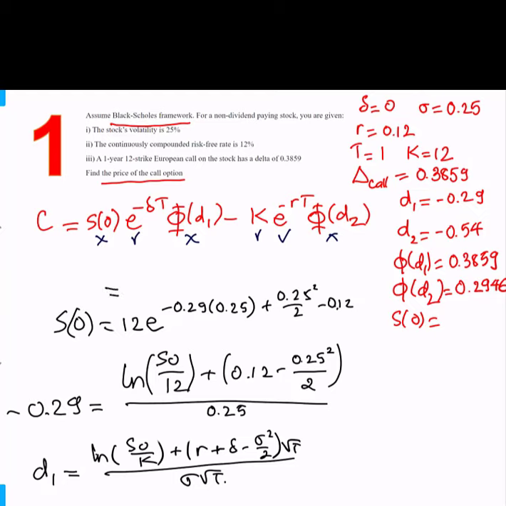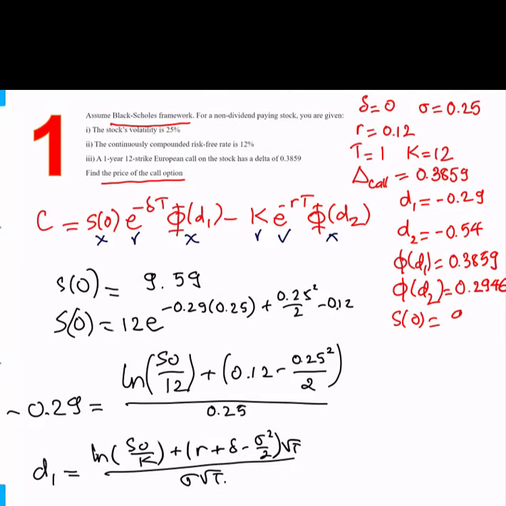See that? S0 here is equal to 9.59. Just use your calculator to verify it.